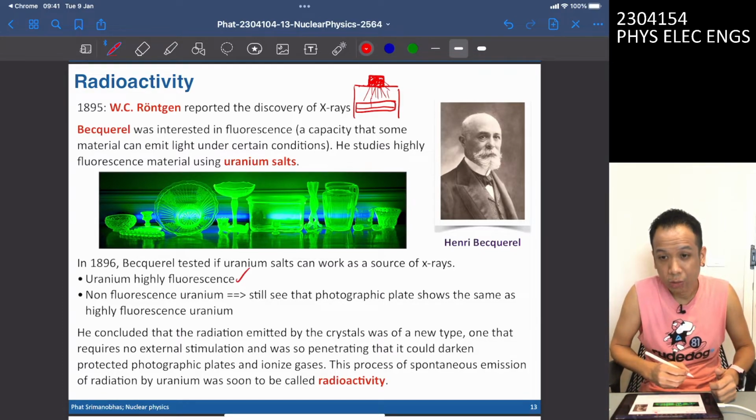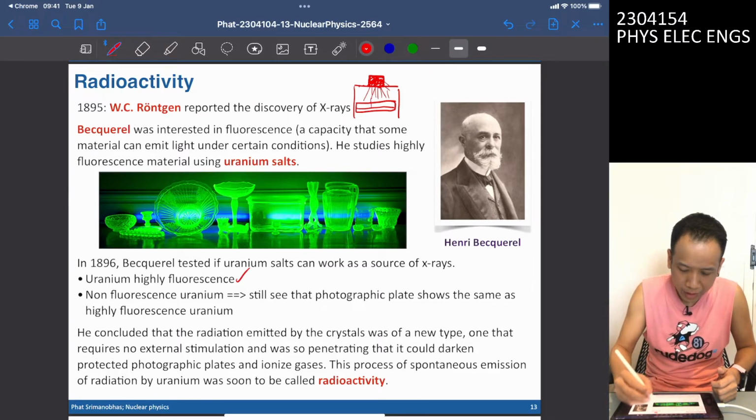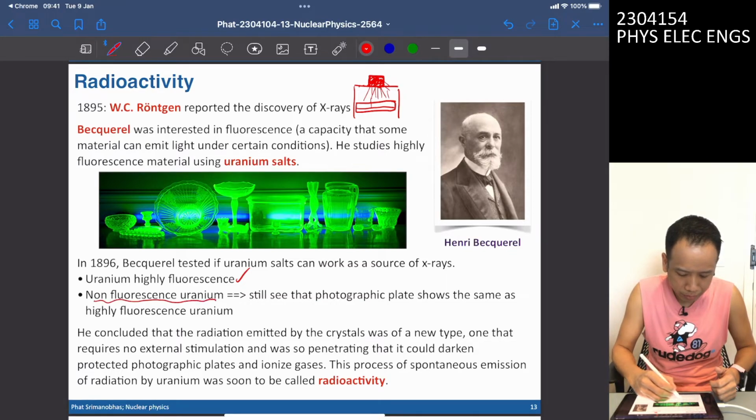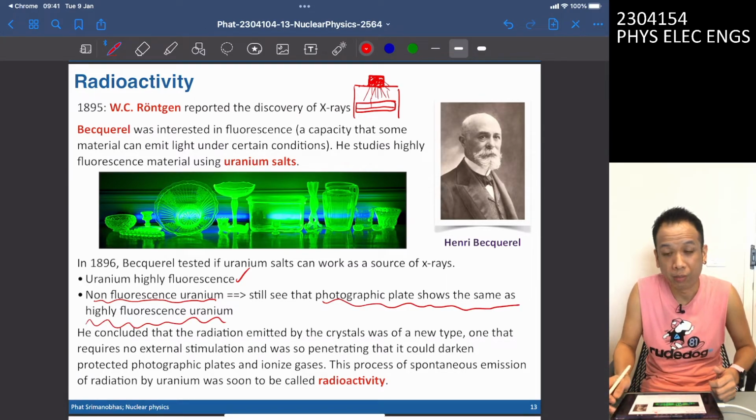So he continued his experiments until one day his uranium could not shine anymore. So there was non-fluorescent uranium, but he still saw that the photographic plate showed the same as with the highly fluorescent uranium.